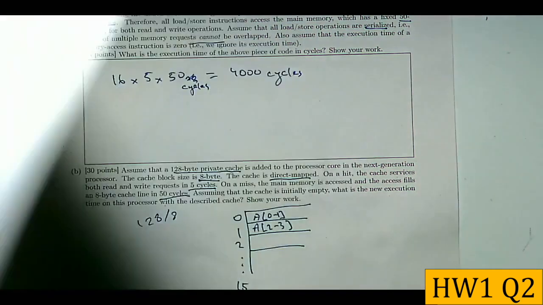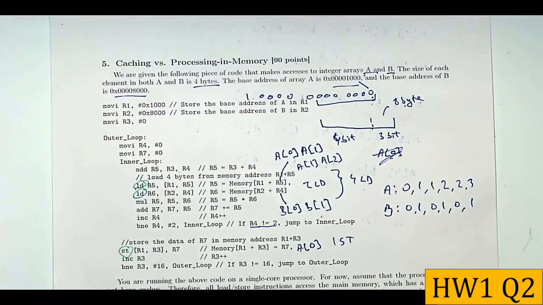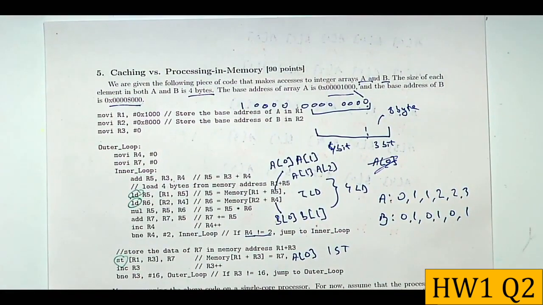But here you're assuming that the memory is word addressable. No, it's byte addressable. But if you follow the code, for example, if you assume R2 is 1 and R4 is 8000, the address would be 8001, whereas to access B of element 1, it should be 8004.